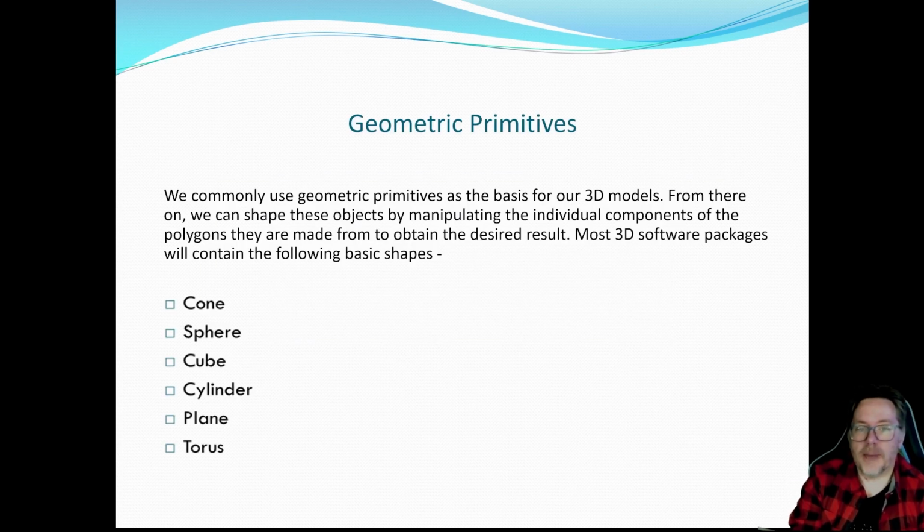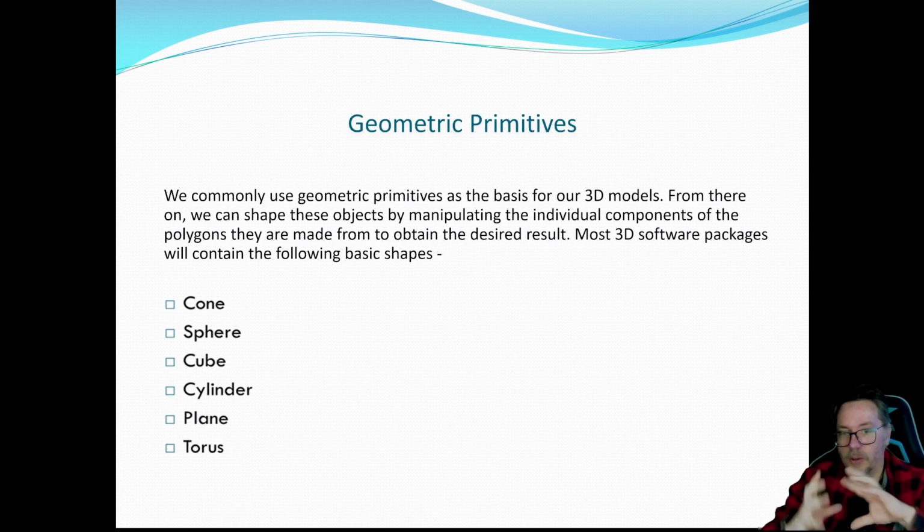So primitives, or geometric primitives. We commonly use geometric primitives as the basis for our 3D models. From there on, we can shape these objects by manipulating the individual components of the polygons that they are made of to obtain a desired result.